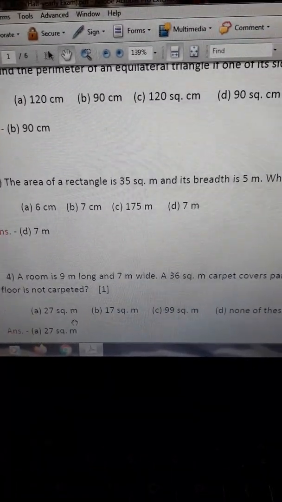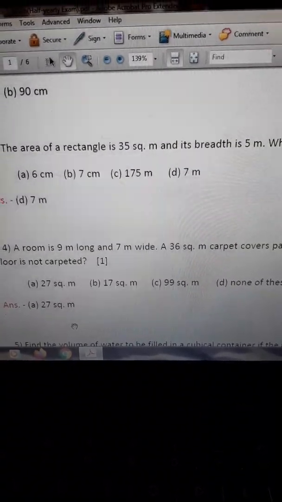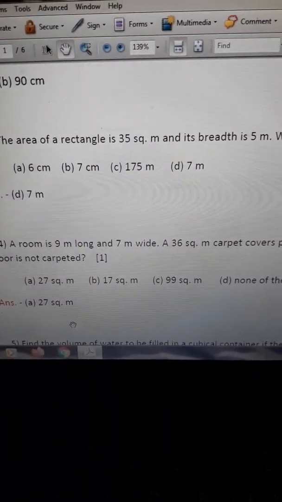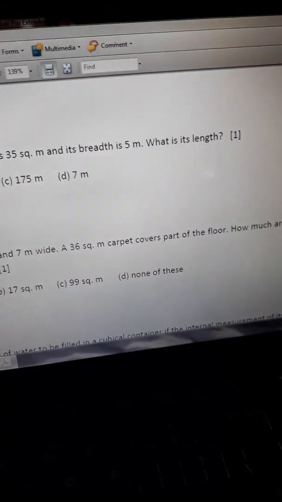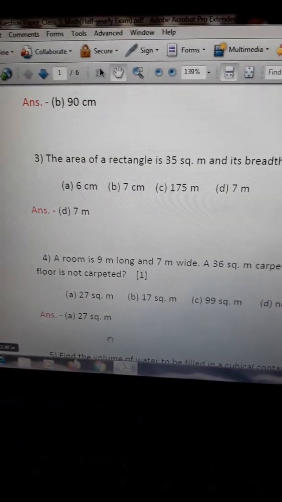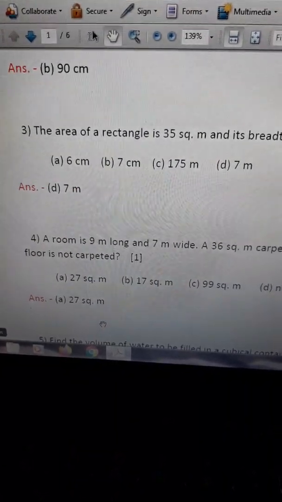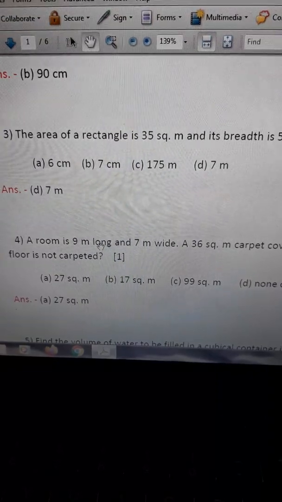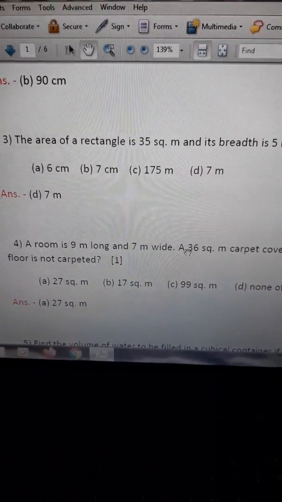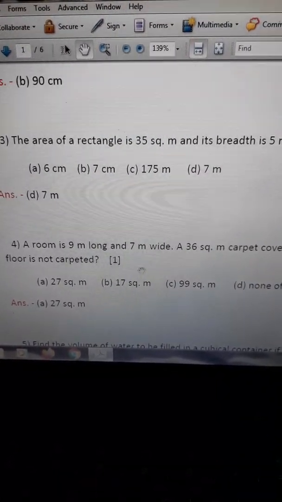Okay, question number 4. A room is 9 meter long and 7 meter wide. A 36 square meter carpet covers part of the floor. How much area of the floor is not carpeted? At first you have to find the area of the room.